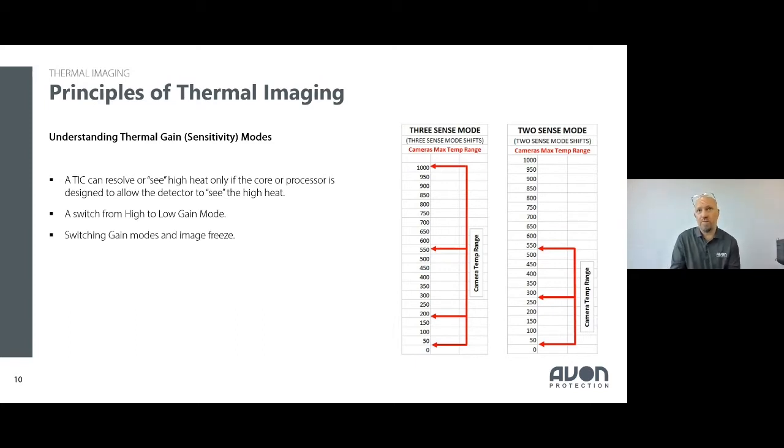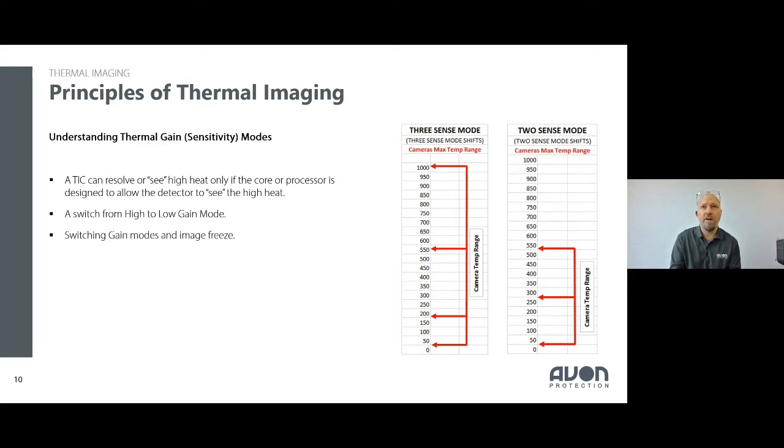On the 2-sense one, you've got roughly 0 to 250 or 300, and then from 250 or 300 to around 550. In the case of a FLIR camera, it will go up to 650. But that's it, you're limited to that range on a 2-sense mode camera.